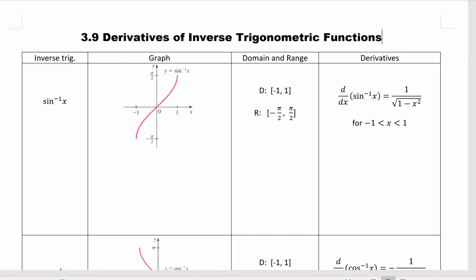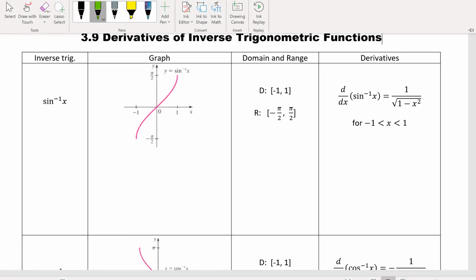The idea is very similar to how we derived the derivative of the log function. First of all, let's recall what the inverse functions are. Arcsine of x is the inverse function of sine x. Do you still remember the picture of sine x?